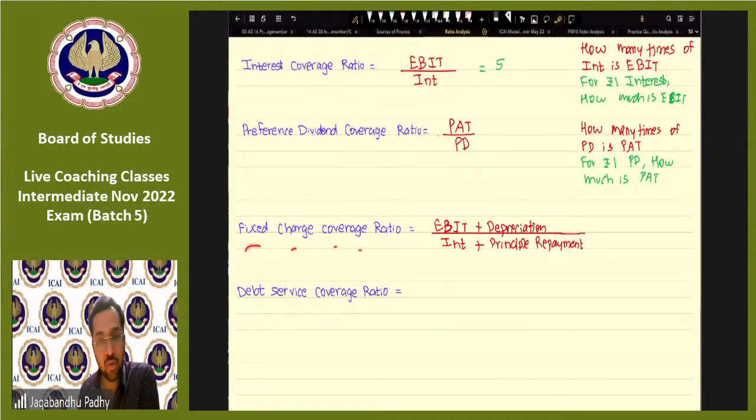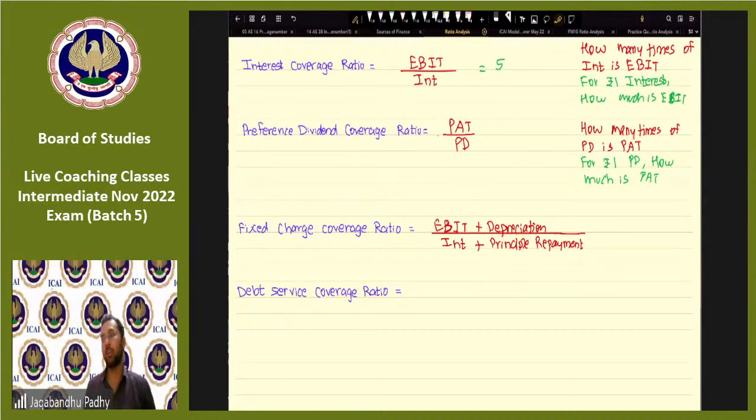Fixed charge coverage ratio is EBIT plus depreciation upon interest plus principal repayment. Basically, in this EBIT we would have subtracted the depreciation.